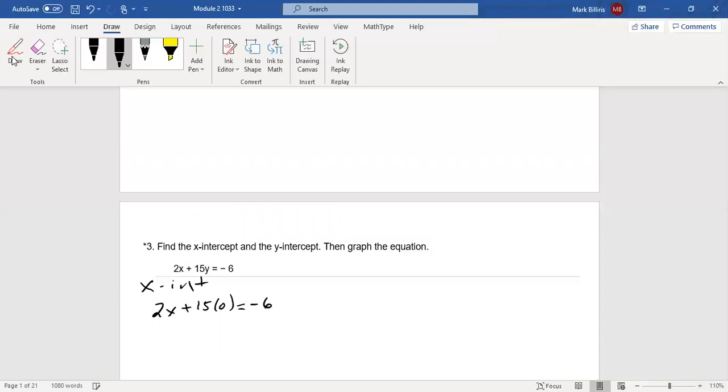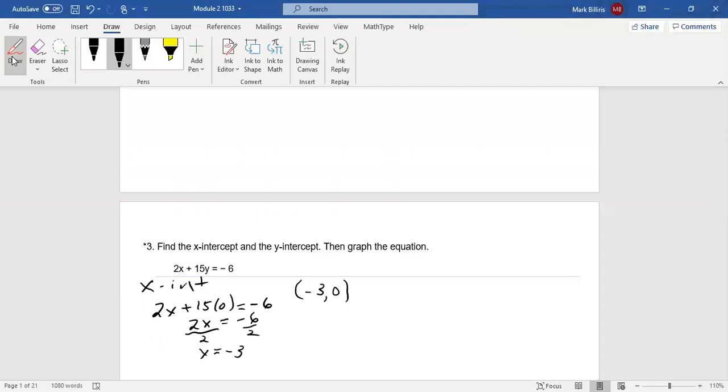So all I've done is substituted 0 in for y. So 15 times 0 is 0. So that just leaves me 2x = -6. And now I'm going to divide both sides by 2. So x = -3.